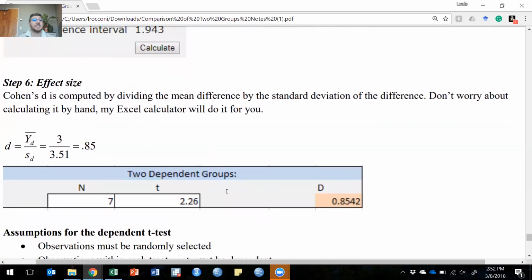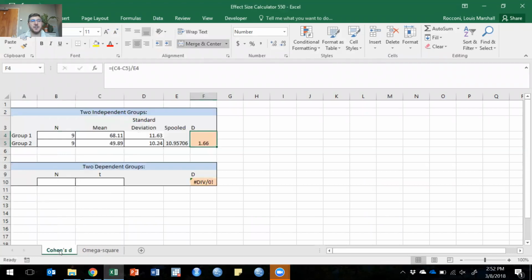One thing that SPSS doesn't do is effect sizes, but I made the Excel spreadsheet for you here. So you would enter your sample size and your t-value. Was it 2.66, I believe?